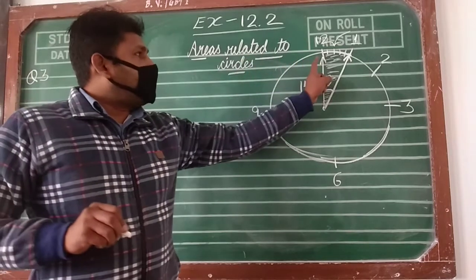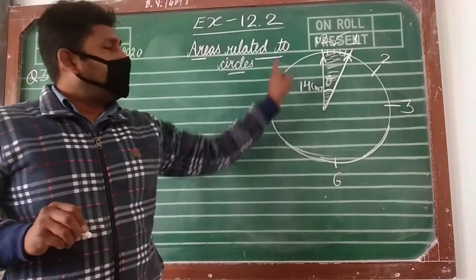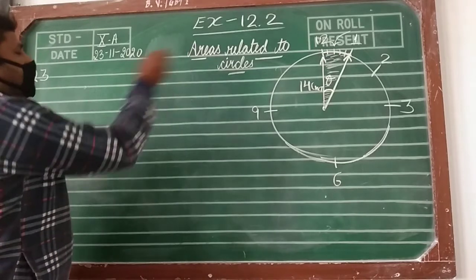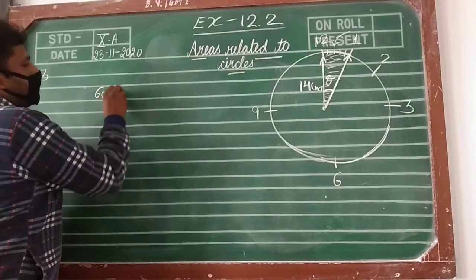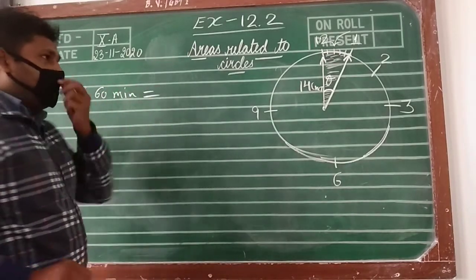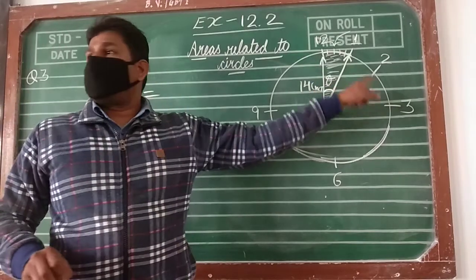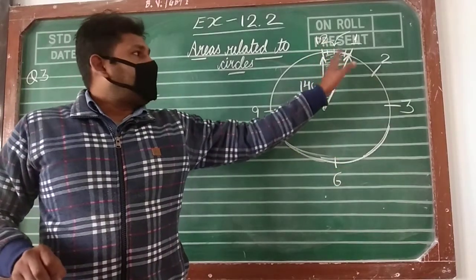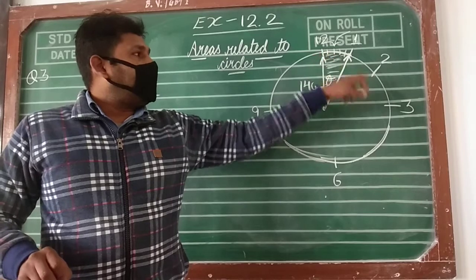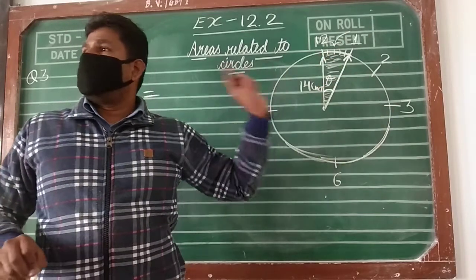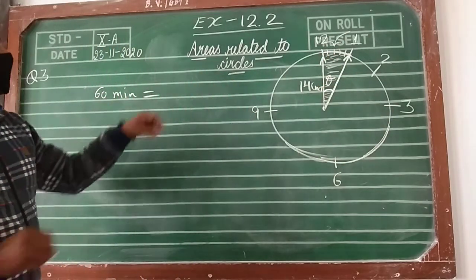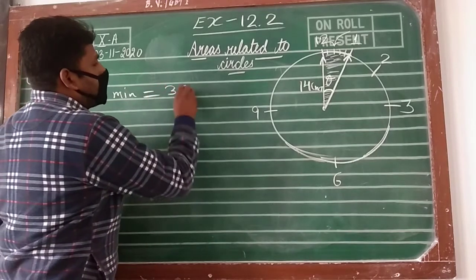What we know, in 60 minutes the minute hand makes the complete angle. If the minute hand takes 60 counts, then we are getting the complete angle. Means in 60 minutes we have 360 degrees.